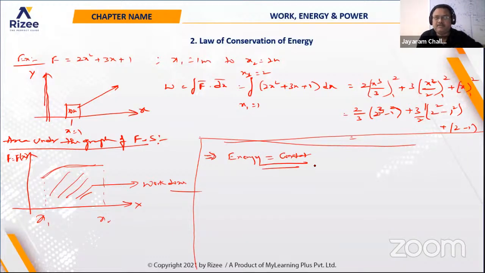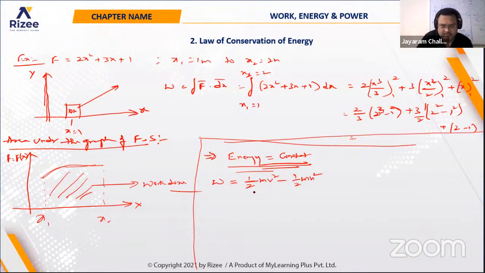So conserved means whatever the total energy is there is being taken into another format. Or else, if you consider our work energy theorem, the work done is being converted in the form of energy from half u square to half mv square.